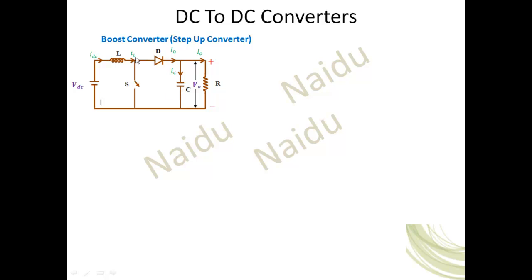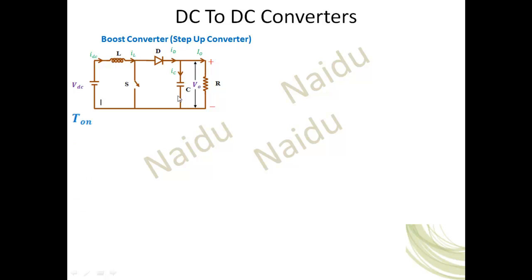Here the switch, if you turn it on, then energy will be stored in the inductor, and that inductor energy will be utilized to supply the load when the switch is off. That's where we can step up the low voltage to a high voltage. It is almost the same as what we discussed in the choppers, with the only difference being the capacitor.